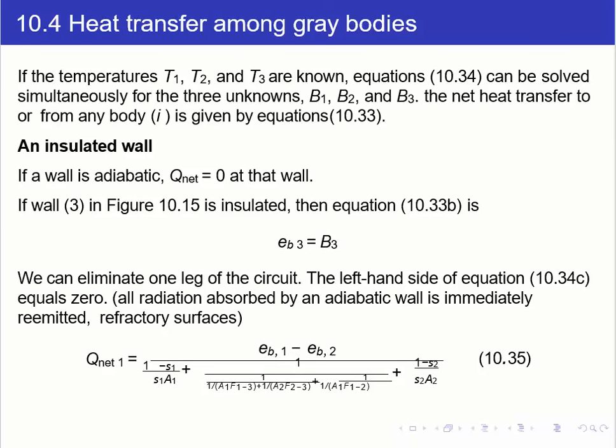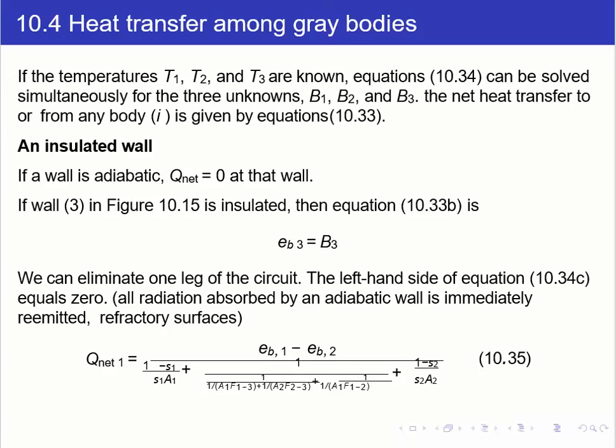If the temperatures T1, T2, T3 are known, then the equations can be solved simultaneously for the three unknowns B1, B2 and B3. The net heat transfer to or from any body is given by the equation.